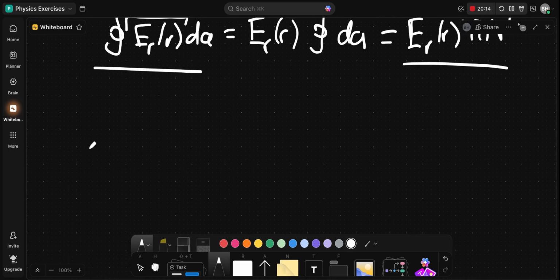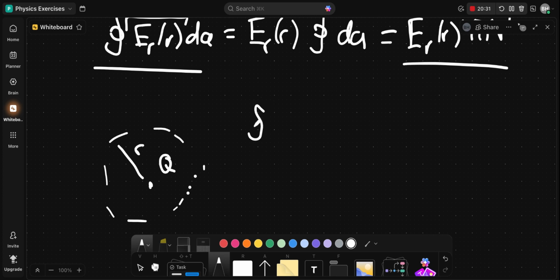And let's just do it for a simple case, the point charge, because we know what a point charge should give. So if I have a point charge Q, and I choose a Gaussian surface at distance r, well, Gauss's law of electrostatics says that this integral is proportional to the enclosed charge divided by epsilon 0.